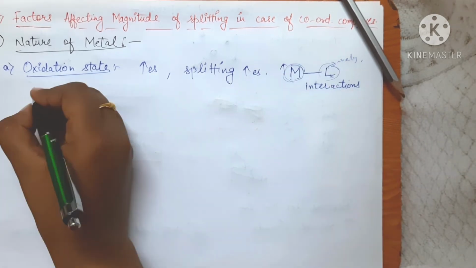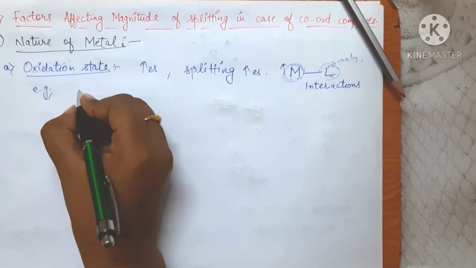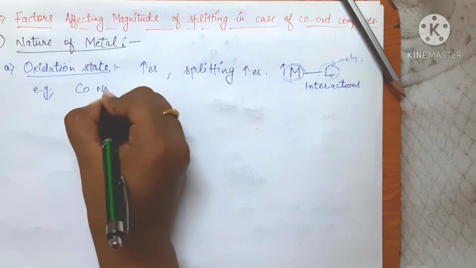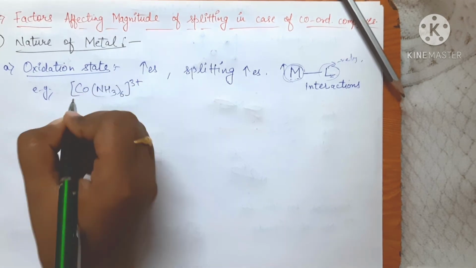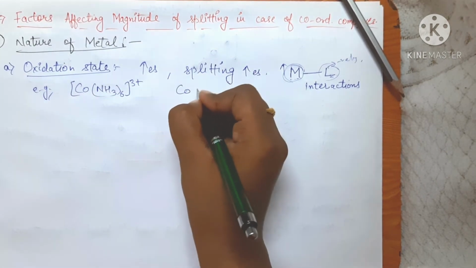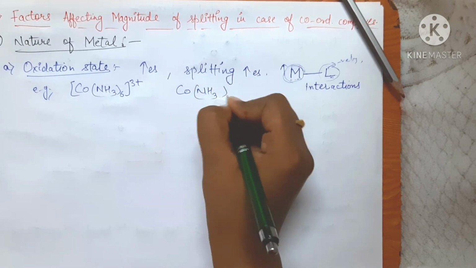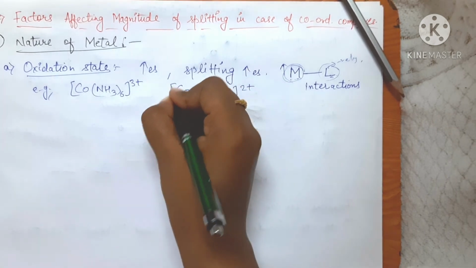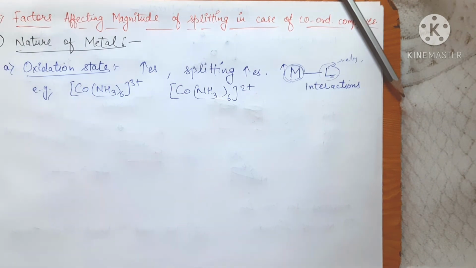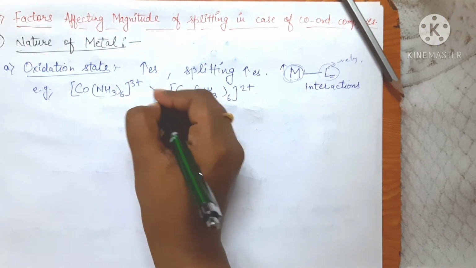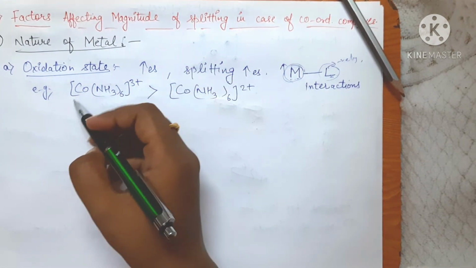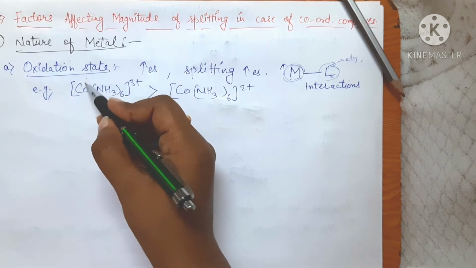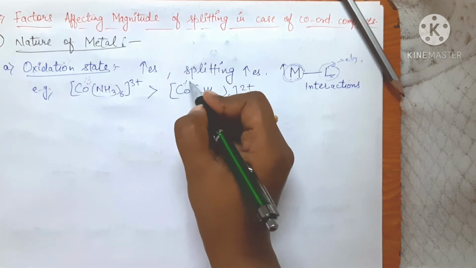So for example, if we have a complex [Co(NH3)6]3+ and also a complex [Co(NH3)6]2+, and we are asked in which case the magnitude of splitting will be more, then definitely in [Co(NH3)6]3+ splitting will be more, because here the oxidation state of cobalt is +3, here it is +2.